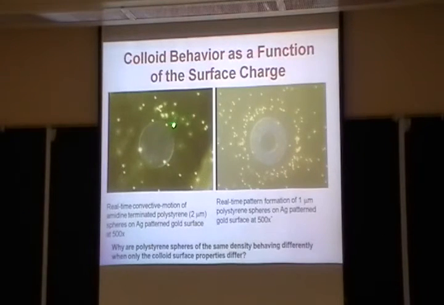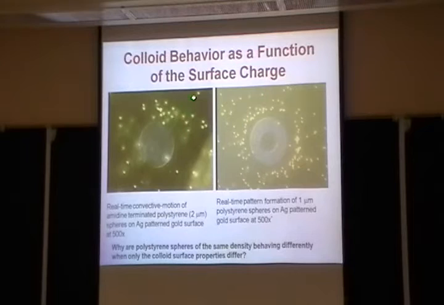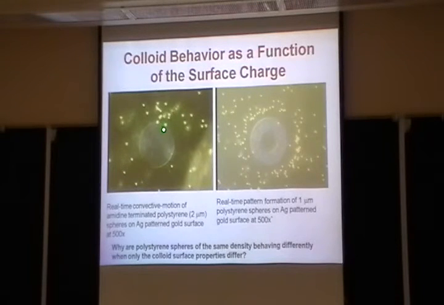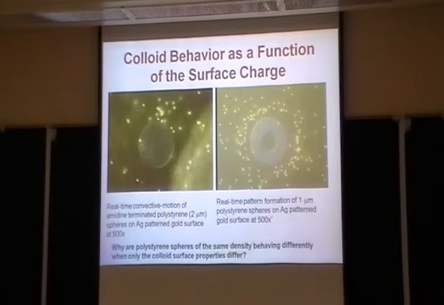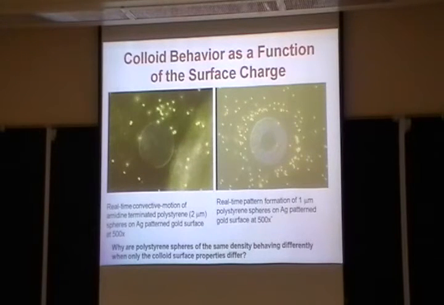So these are amidine particles coming all the way in. Look closely, they come in and then lose focus. The reason is they're coming in and they're going up. It's the convective rolls. So the negatively charged ones will come in, but then there's a zone of exclusion. The positively charged ones will come in all the way and move on.